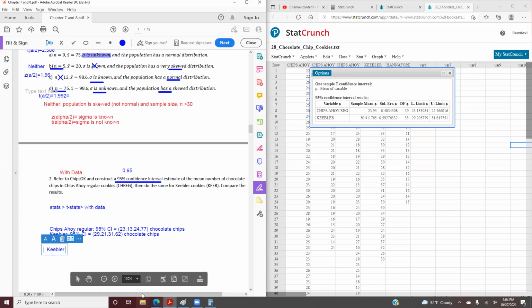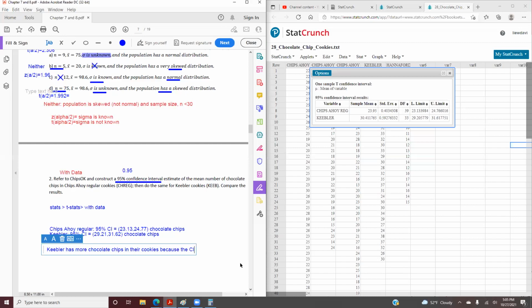So Keebler has more chocolate chips in their cookies, because the confidence interval is greater than the Chips Ahoy one.